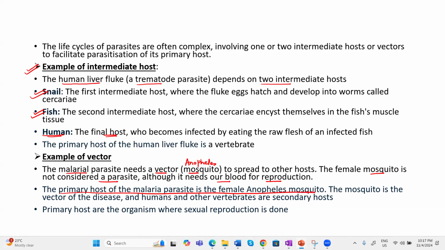What is the definition of primary host? Primary host is the organism where sexual reproduction is done. Mosquito is a vector of the disease, and humans and vertebrates are secondary hosts. So two examples: they can use either an intermediate host or a vector to bring the infection.